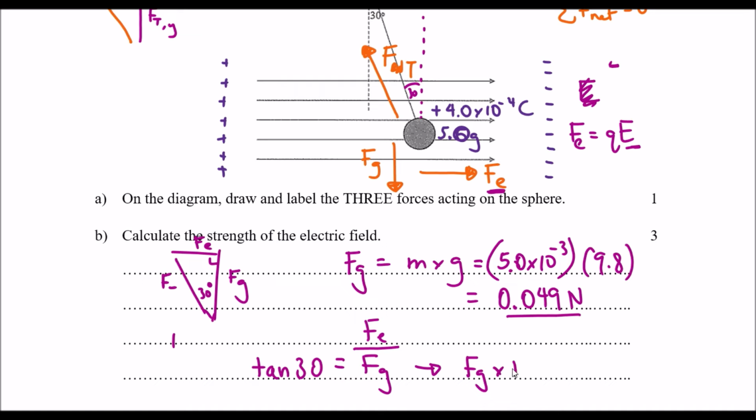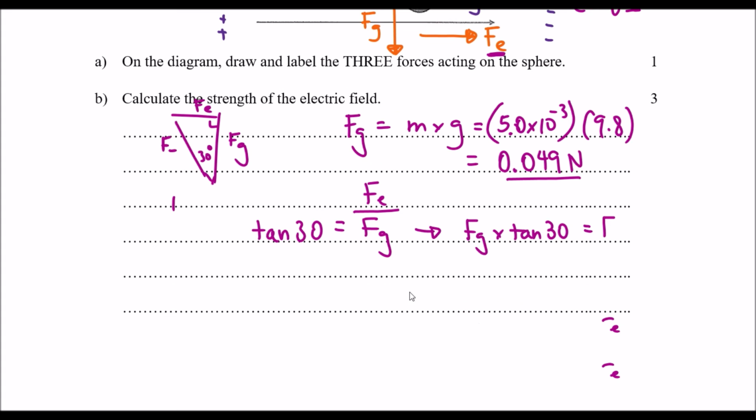Fg multiplied by tan 30 equals Fe. So Fe is equal to 0.049 multiplied by tan 30. Let's find that value.